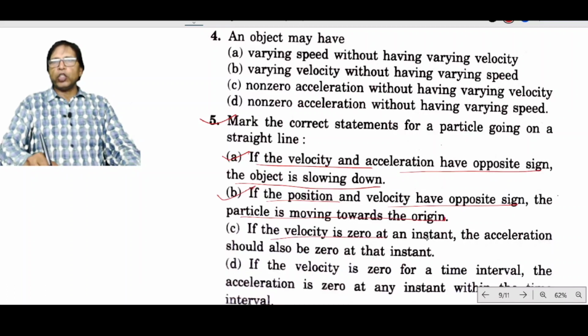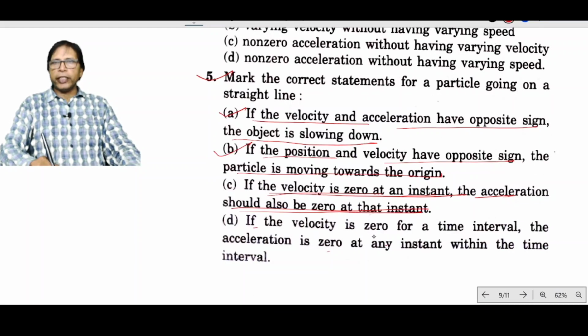Yes. If the velocity is 0 at an instant, the acceleration should also be 0? No, not necessary. If the velocity is 0 for a given time interval, the acceleration is 0 at any instant within the time interval. Yes, it is correct. Therefore, A, B and D are correct.